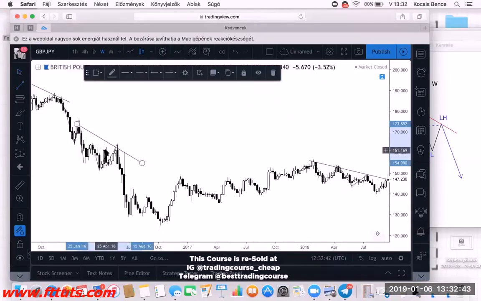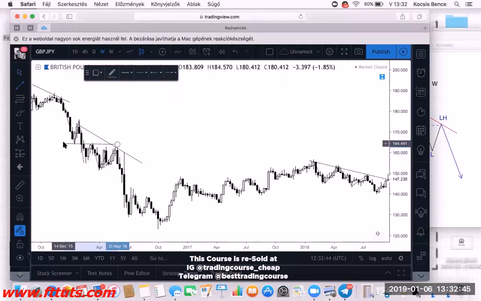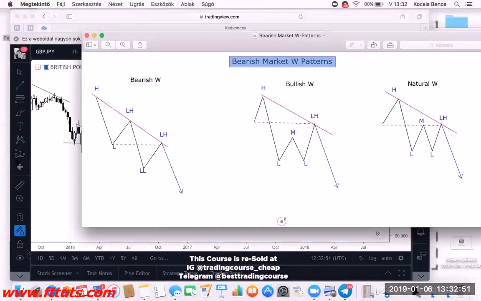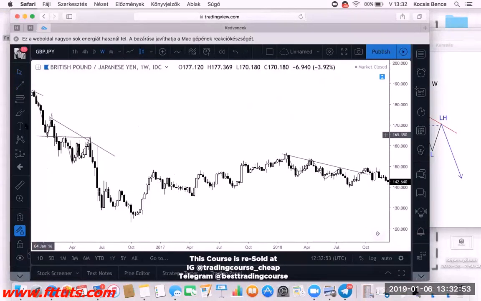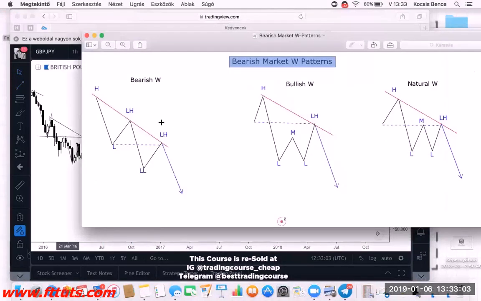We have lows, middle, and the last leg squeezed and finds a strong support and resistance zone. So this is the bullish W. So the price continued to the downside. And it creates, again, a bearish W.